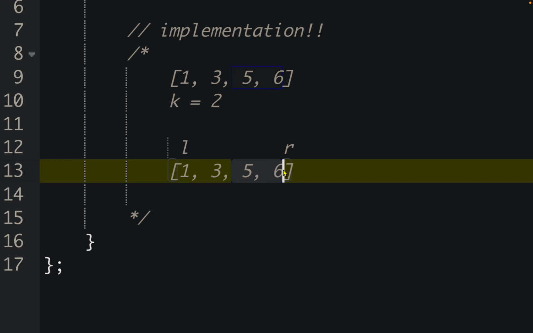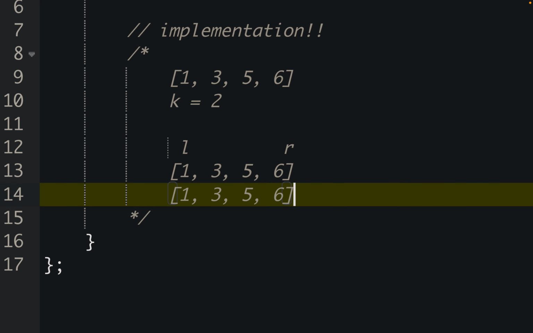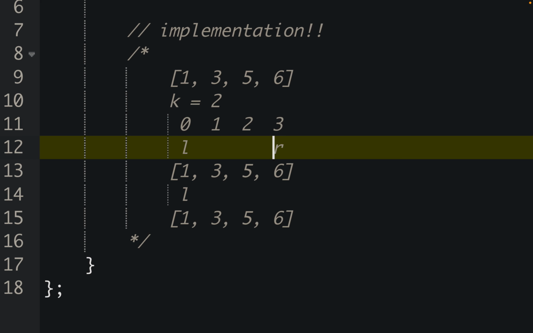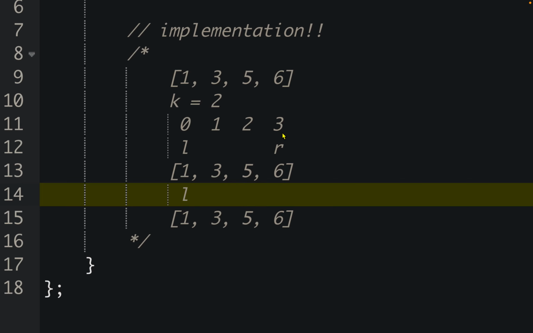It's very similar to binary search. In fact, we are implementing binary search, and in the next iteration my R would shrink down. So L is at this position, and the indexes are 0, 1, 2 and 3. 0 plus 3 is 3, 3 divided by 2 is 1, so R is at this position.